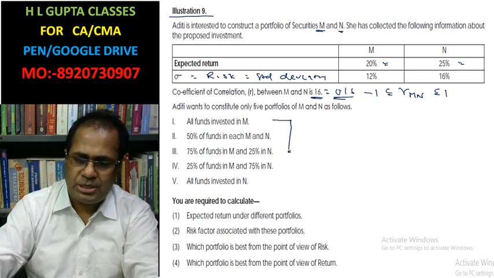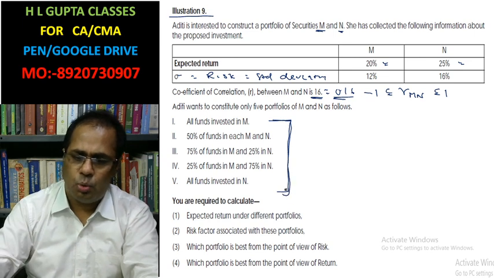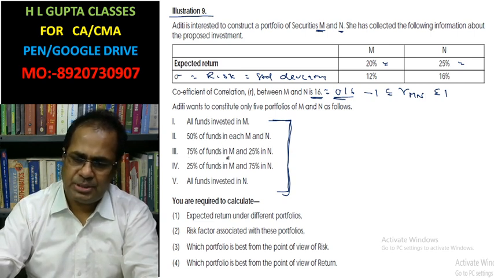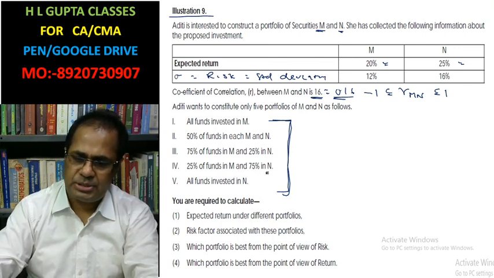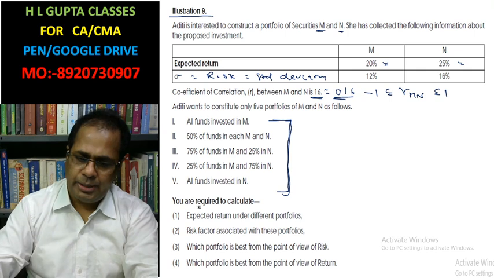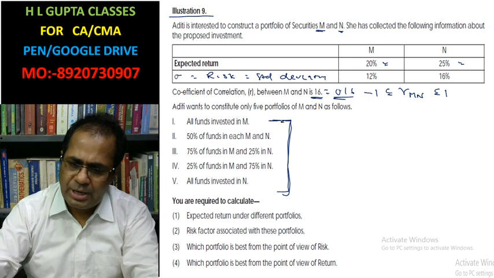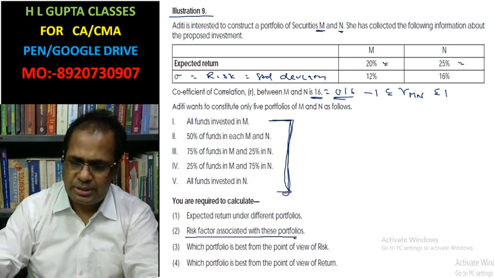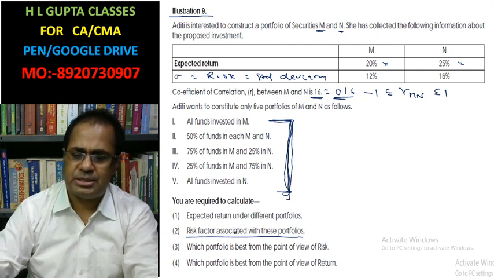These are the 5 alternatives of investment she is searching: all funds invested in M, 50% in M and N, 75% in M and 25% in N, 25% in M and 75% in N, and all funds invested in N. You are required to calculate the expected return under the different portfolios, and the risk factor associated with each portfolio, that is the standard deviation.